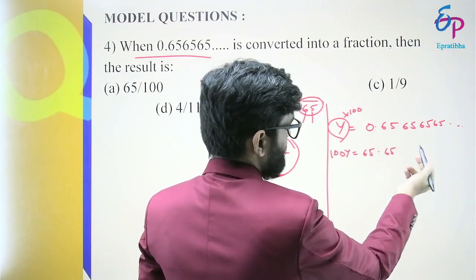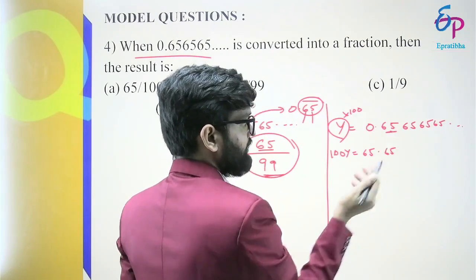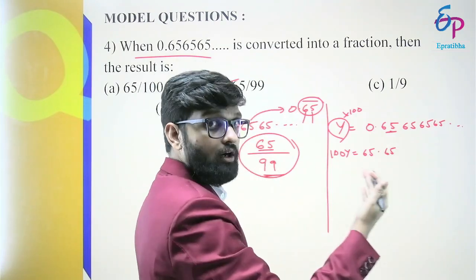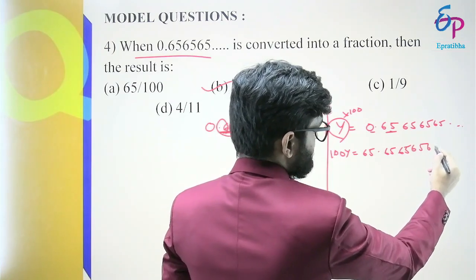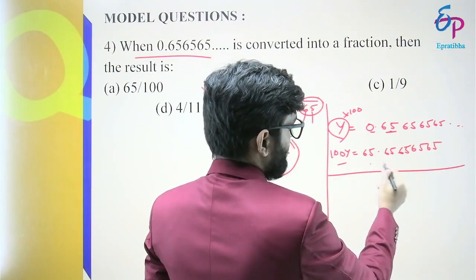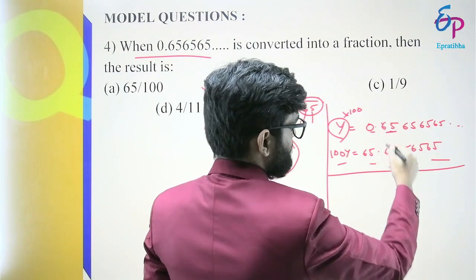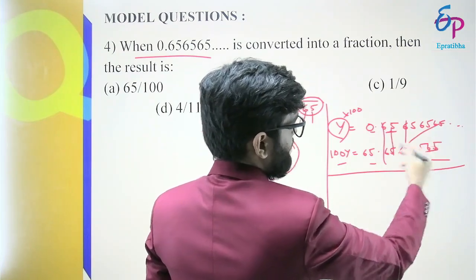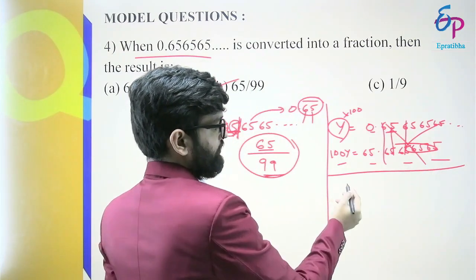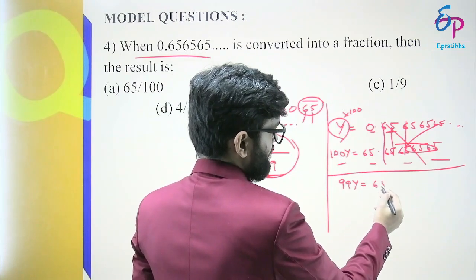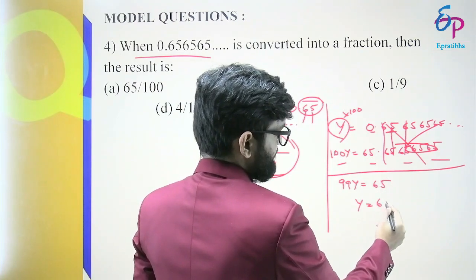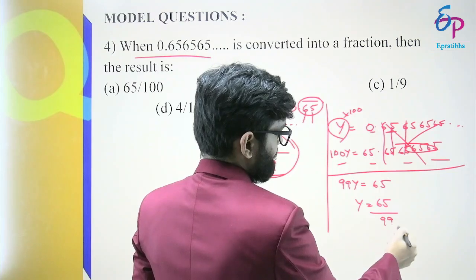See here, when I multiply by 100, the 2 numbers that are repeating come in the place of the 0. So 65, 65, 65. If you subtract, see, this 65, 65 is entirely getting cancelled. So 100y minus y, it is 99y is equal to 65. y is equal to 65 by 99.